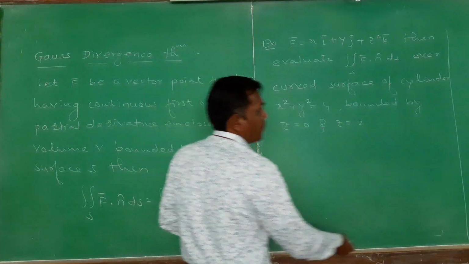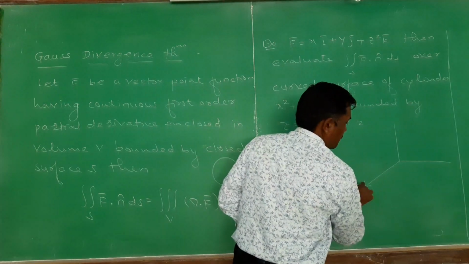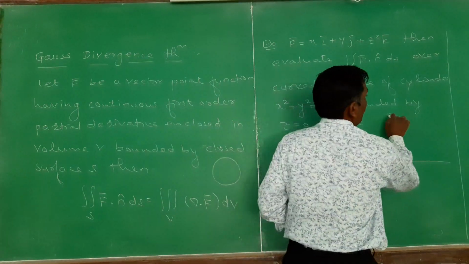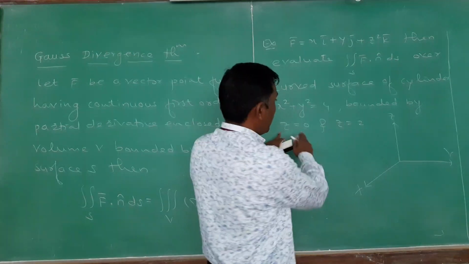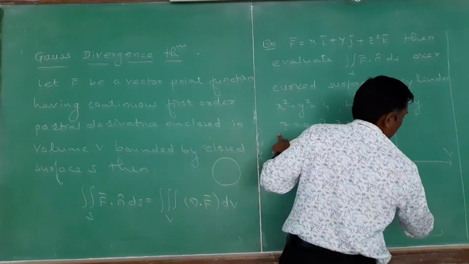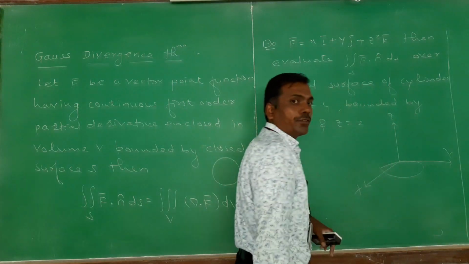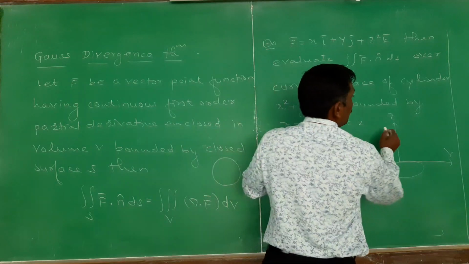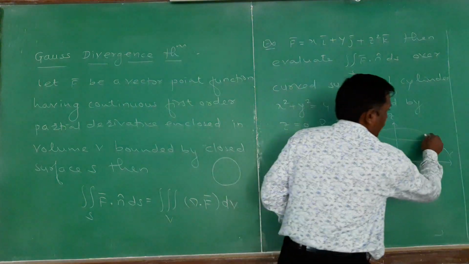Just we draw here one z axis, y axis and x axis. Now cylinder is there, z equal to 0 means circle in xy plane. And z equal to 2 means along z axis, z equal to 2. And this type of cylinder is there.